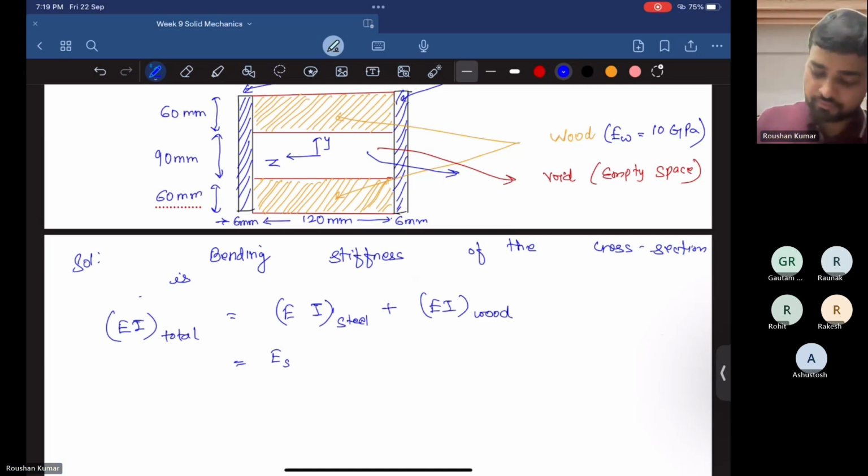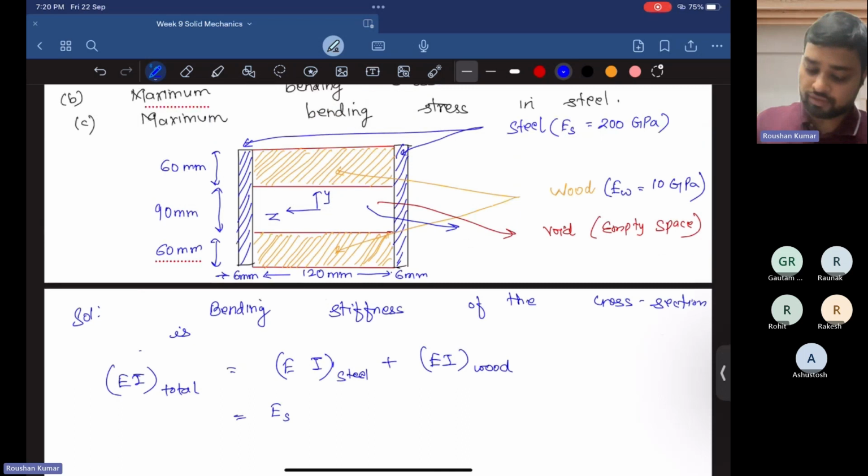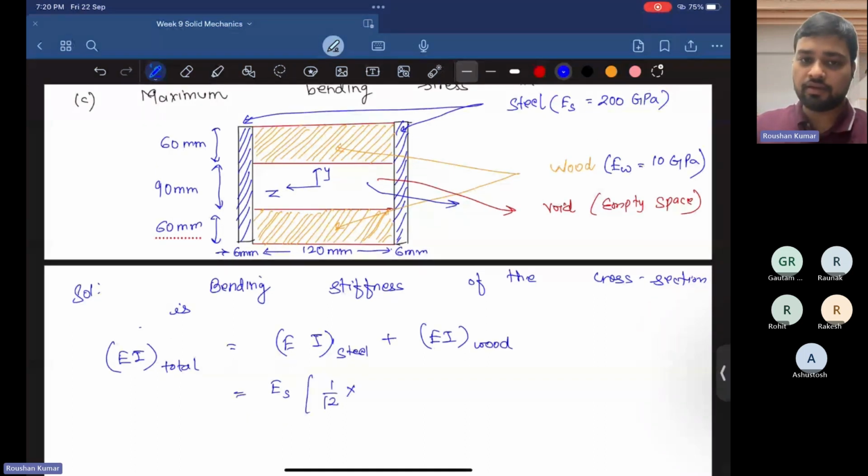So it is a rectangular cross section. So we simply use that formula, that is 1 by 12 bh cube. Here the width of the steel cross section is 0.06 m, that is 6 mm, so we simply write 6 into h cube.